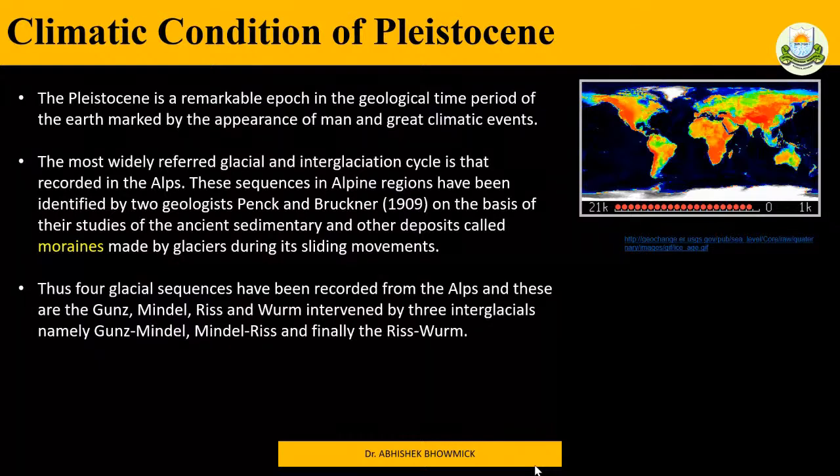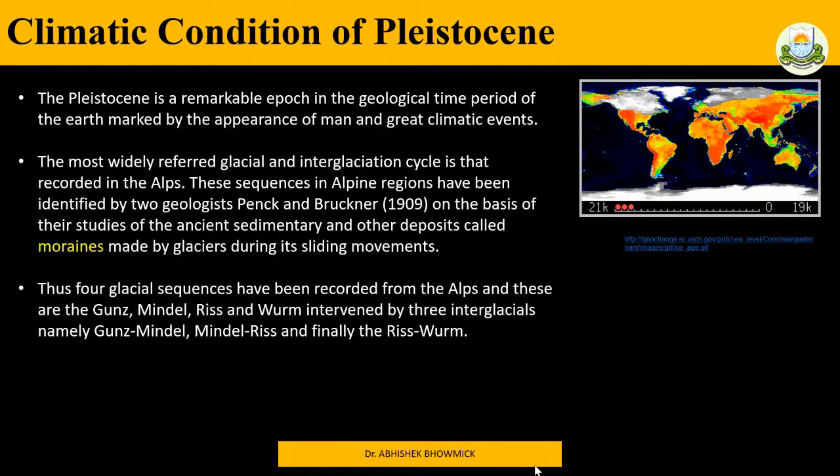On the right hand side, there is a GIF where you can understand that the zone has been continuously declining throughout the years, from 21,000 years ago to now, showing how the ice capping is reducing day by day.